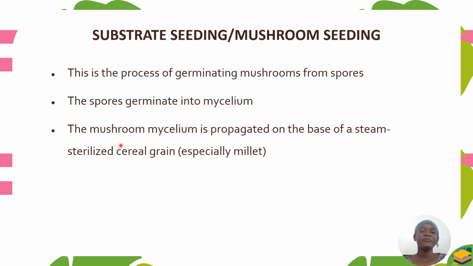The mushroom mycelium is propagated on the base of a steam sterilized cereal grain. We don't grow mycelium directly, but before we plant it, first of all, we propagate it on the base of a steam sterilized cereal grain, more especially millet.